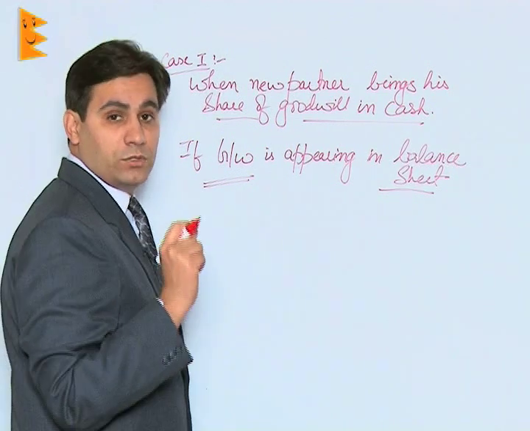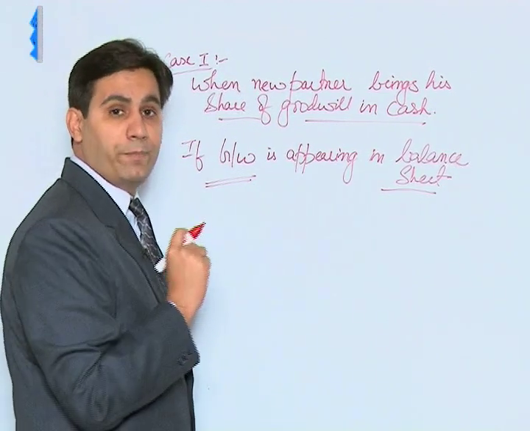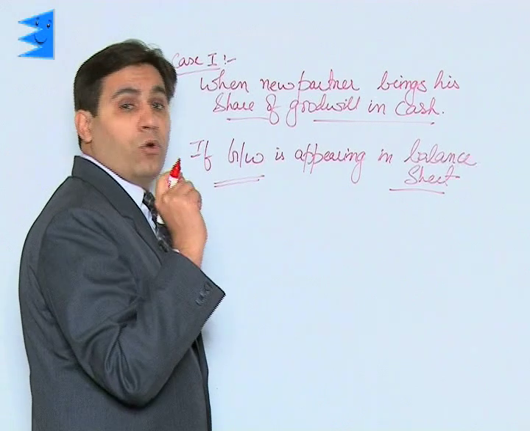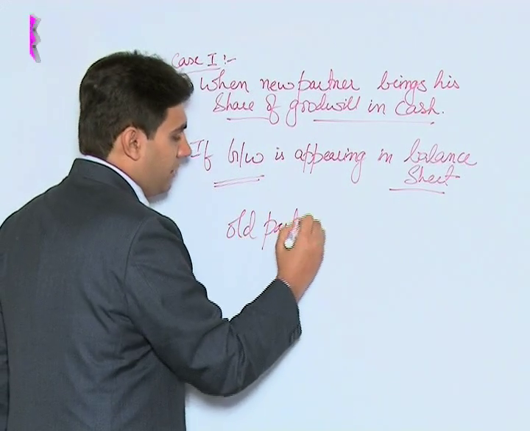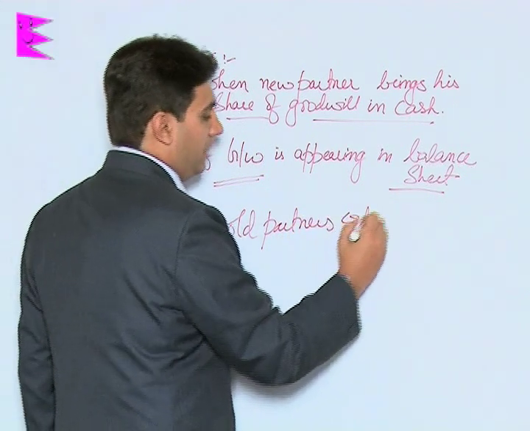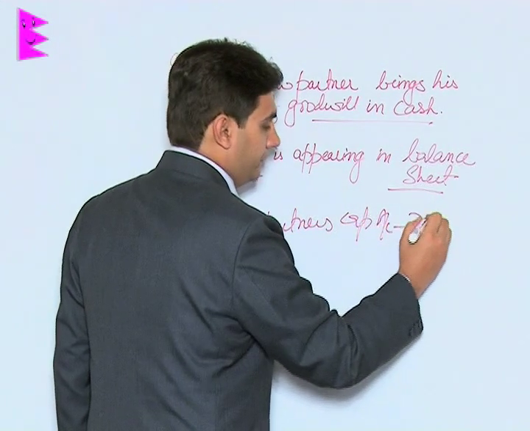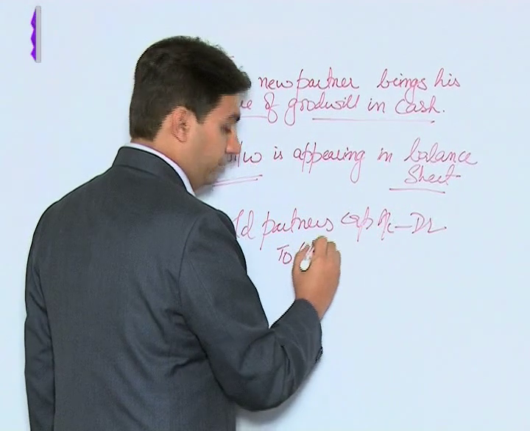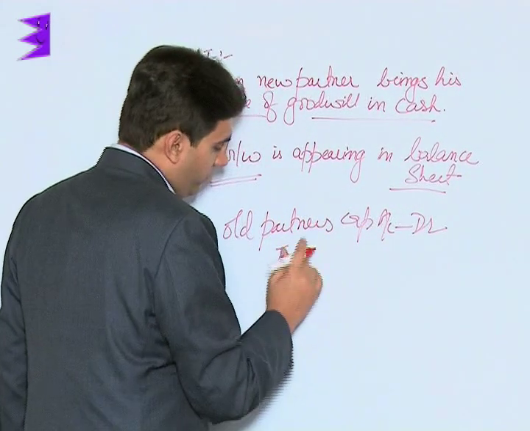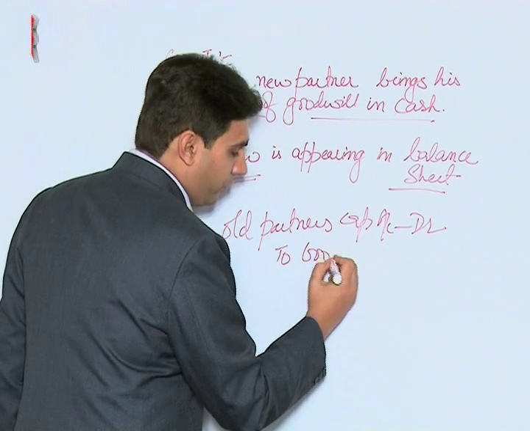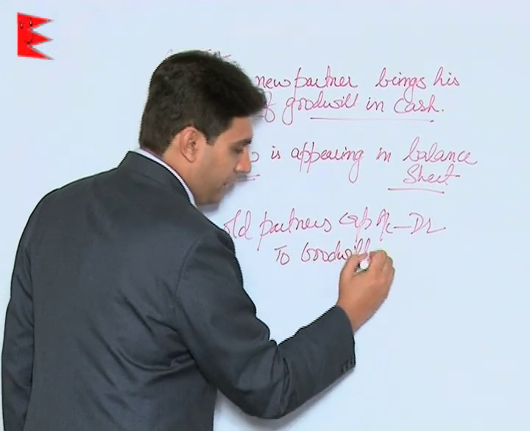And remember, this goodwill would be written off by the old partners in their old ratio. So the entry would be old partners' capital account debited to goodwill, and in goodwill we should always use the full form, not GW for goodwill. It should be goodwill properly written.